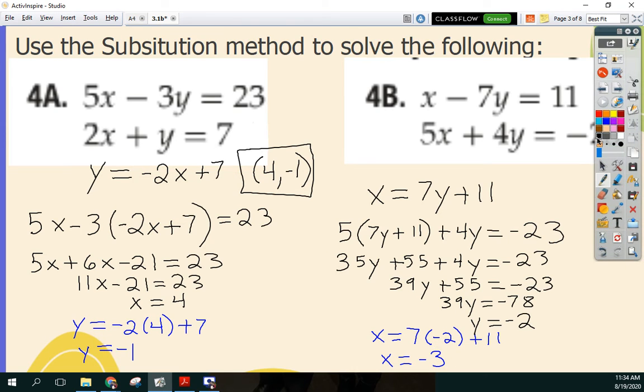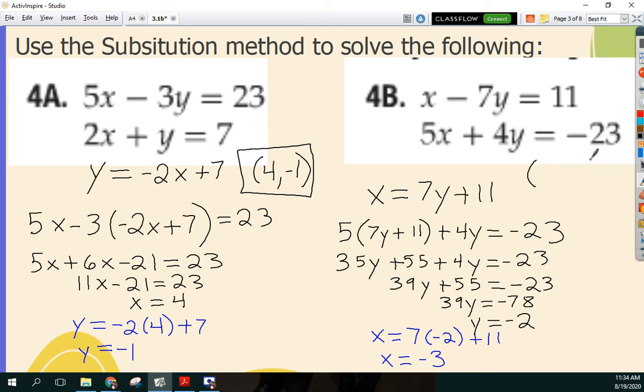Again, we want to write that answer as a point, but be careful because remember that our points go in alphabetical order. So just because I found my y value first doesn't mean that I write my y value first. I still need to write that x value first and then my y value. So negative 3, negative 2 would be my solution.